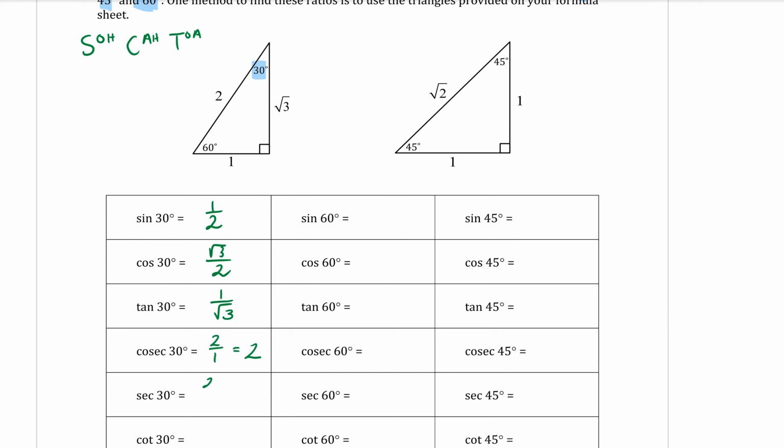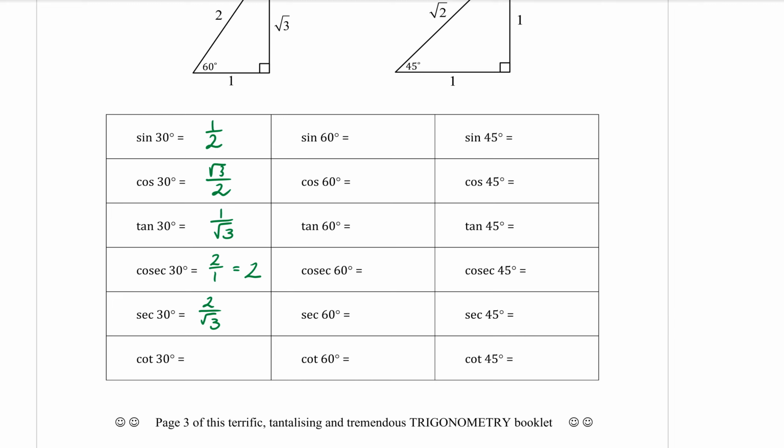And cot, third letter is T for tan. We need to turn 1 over root 3 upside down to be root 3 over 1, or just root 3. Seems easy enough?